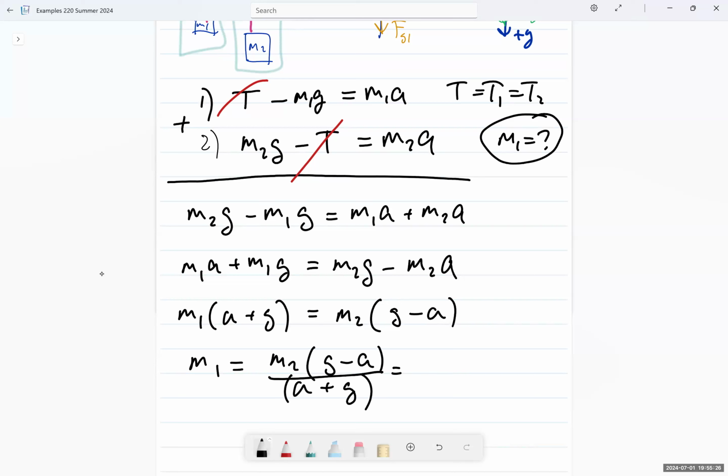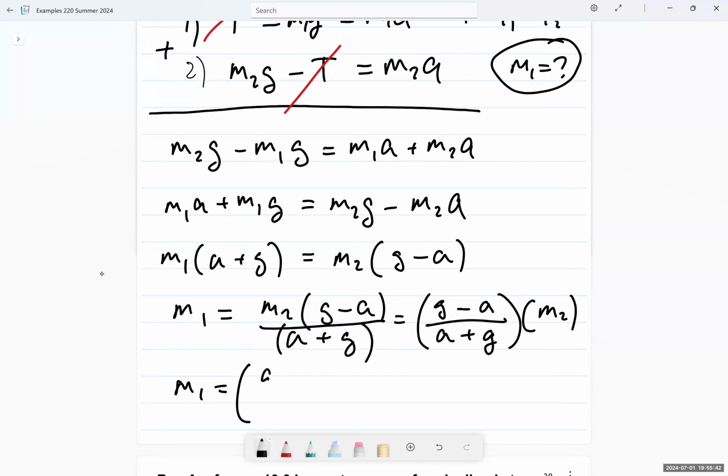So M2 was 100 kilograms. What I have here is G minus A over A plus G times M2. So M1 is equal to 9.8 minus 0.06 over 0.06 plus 9.8, for acceleration, then times 100 kilograms.